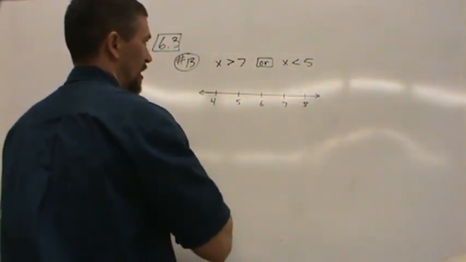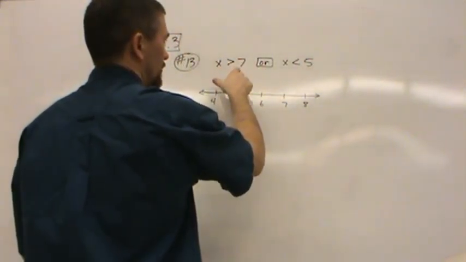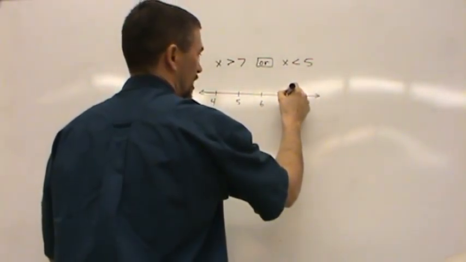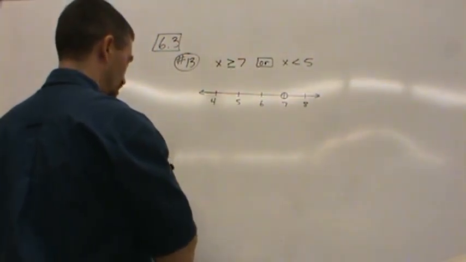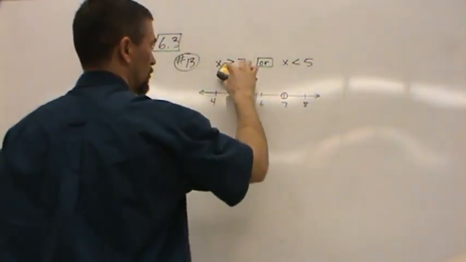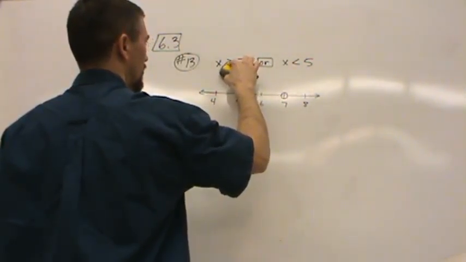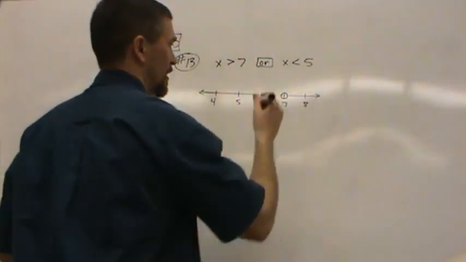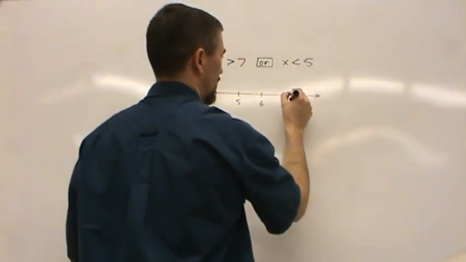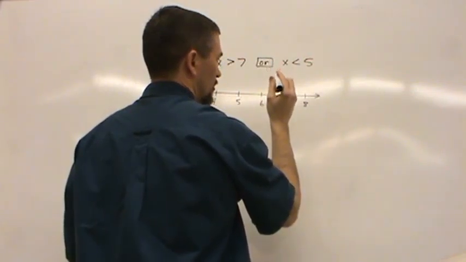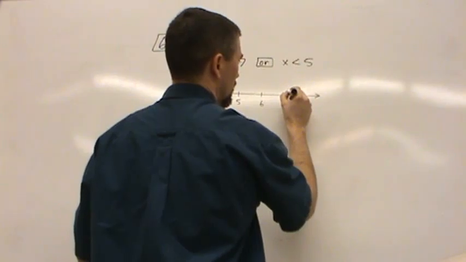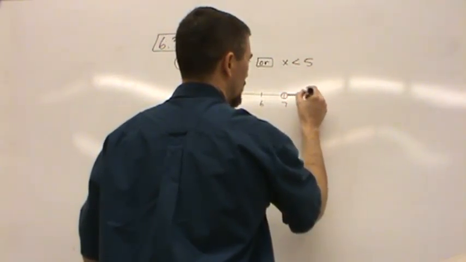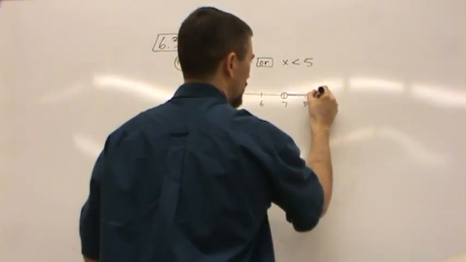In this case we're saying x greater than 7, it's not also equal to the 7. If it had this, then it would be a closed circle, but because it's just greater than 7, we leave an open circle. That's indicating that it starts at 7 and x is greater than 7, but not including the 7. So that's why we have an open circle there.